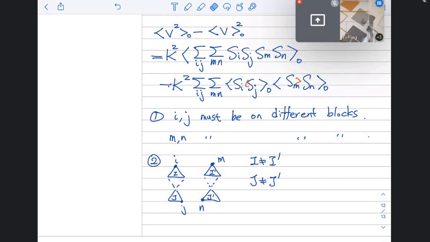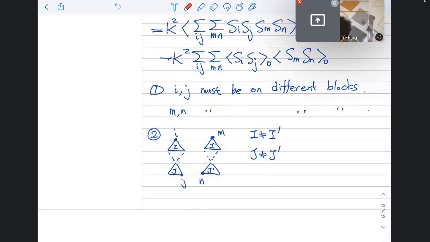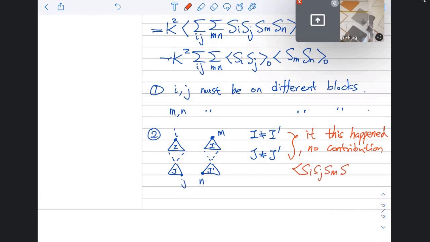So if everything factorized, then everything kills itself. So if this happened, no contribution, since they factorize.